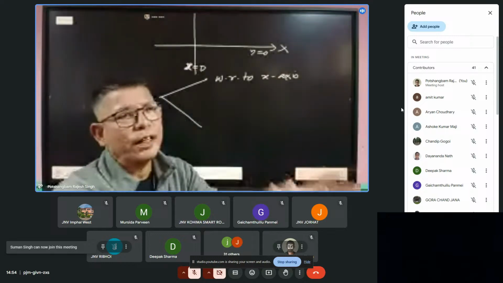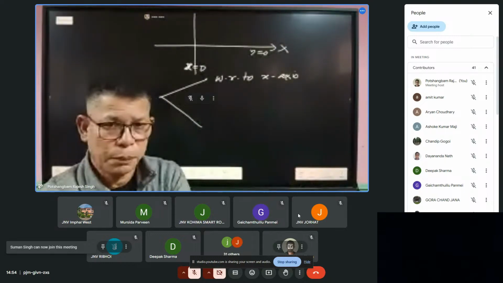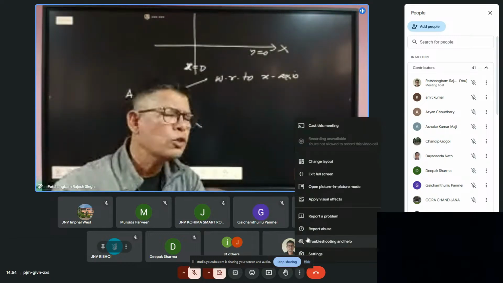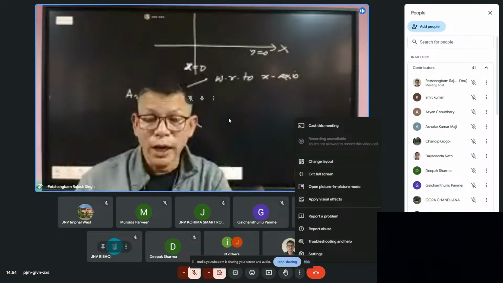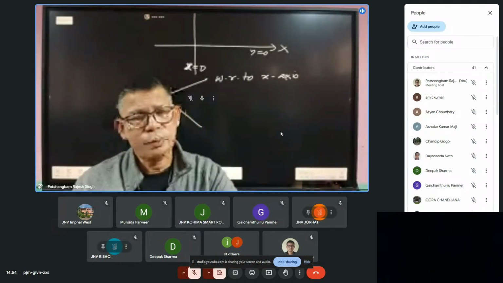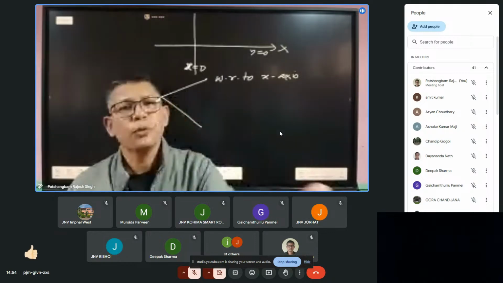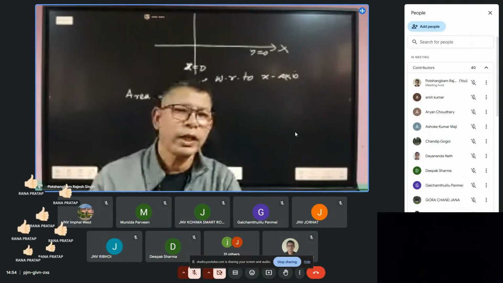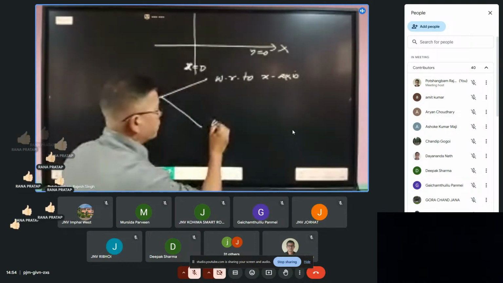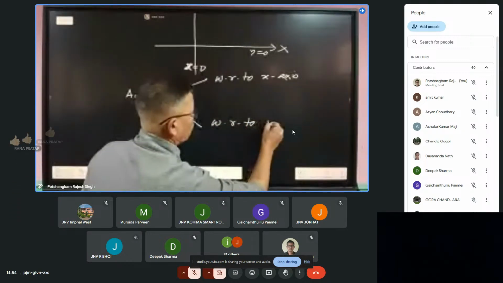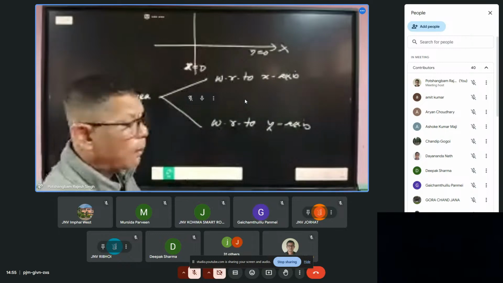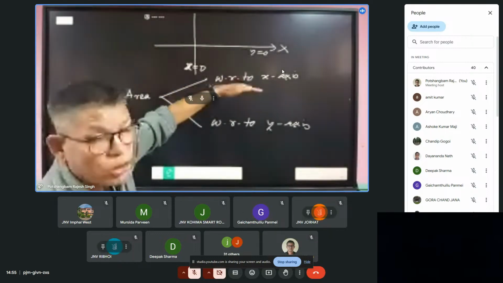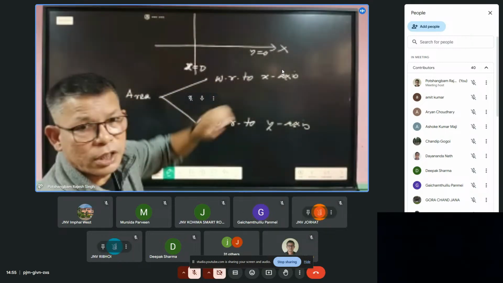Suppose you want to find the area with respect to the x axis, it is your wish. You can find the area with respect to the y axis also. It depends upon you which axis you want to use. This is to be chosen first.